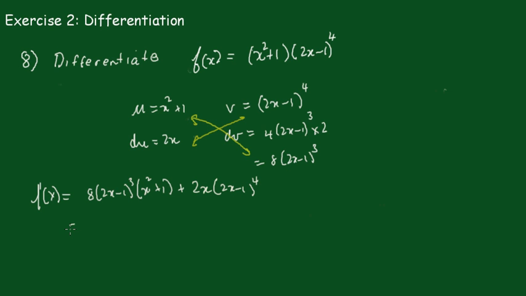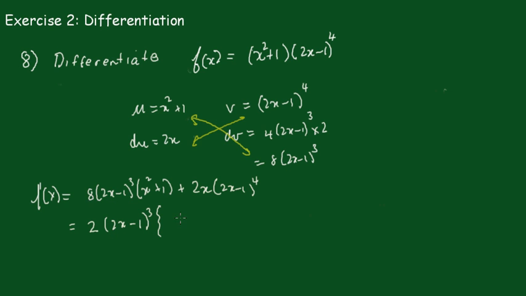Now that's pretty messy, so we'll take out the highest common factor. Here we'll see there's a factor of 2 in here, so we'll take the 2 out. And the next highest common factor here will be the 2x minus 1 cubed.